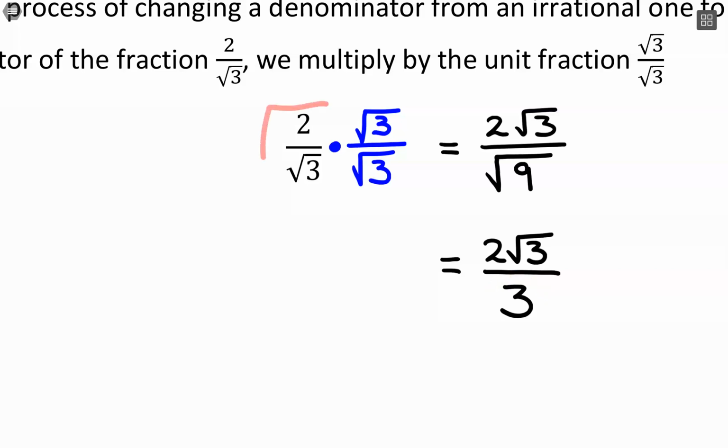So what we did is we took something in this form of 2 over square root of 3, and we've adjusted it to another form, so those two numbers are exactly the same. It's just this second form doesn't have any radicals in the denominator. Now, in terms of simplifying here, there isn't anything to simplify. What I like to do is think of this square root symbol as like a trap.